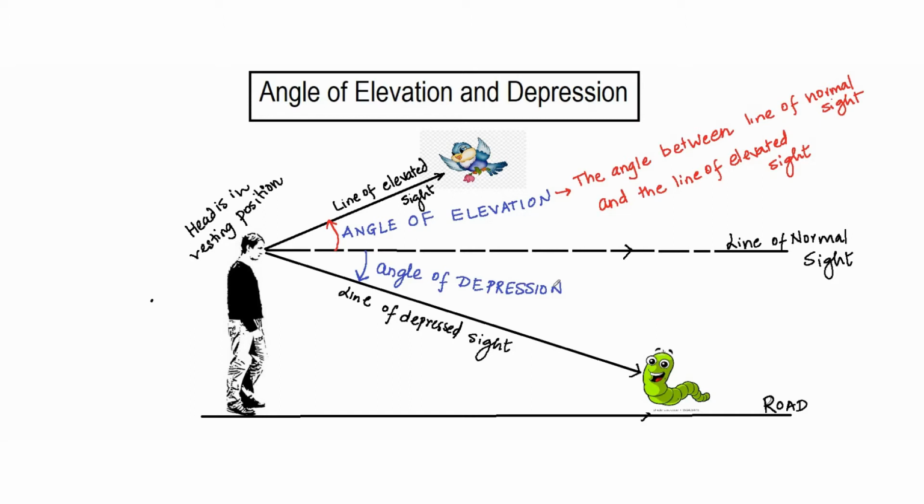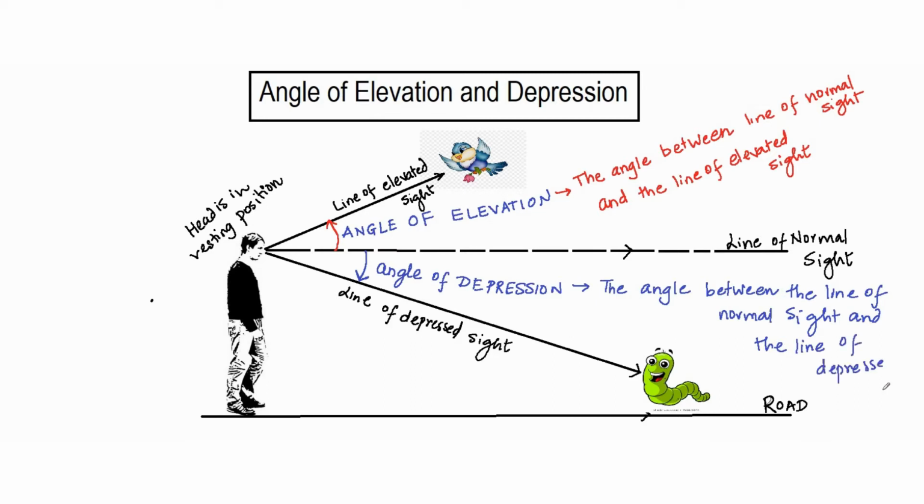Angle of depression is defined as the angle between the line of normal sight and the line of depressed sight. This is called the angle of depression.